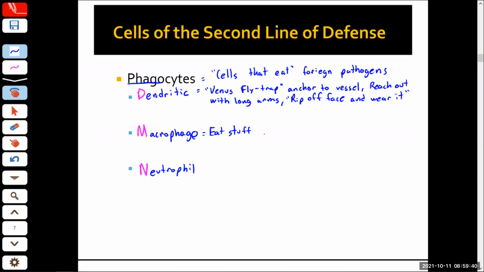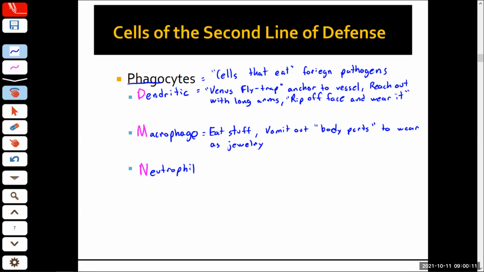Your macrophage will eat stuff, vomit out, quote unquote, body parts to wear as jewelry. So yeah, your macrophages are running around with like the bones of the bacteria it's met. Your immune system is really brutal, y'all.